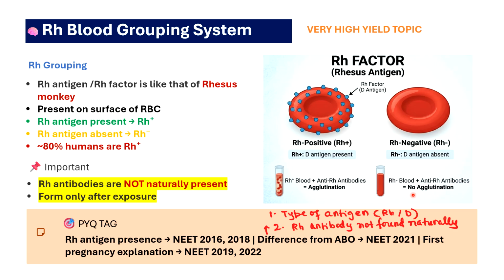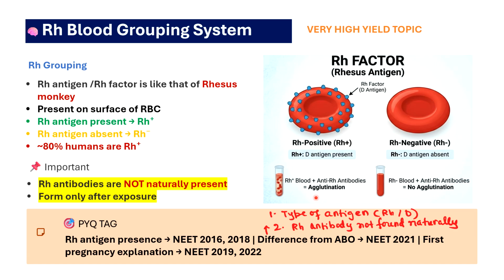Now, an RH negative person does not have any antigens, just like the O type we saw. So the antibodies cannot react with the RH negative blood because they lack the antigens and there will be no agglutination. This is a very important concept.